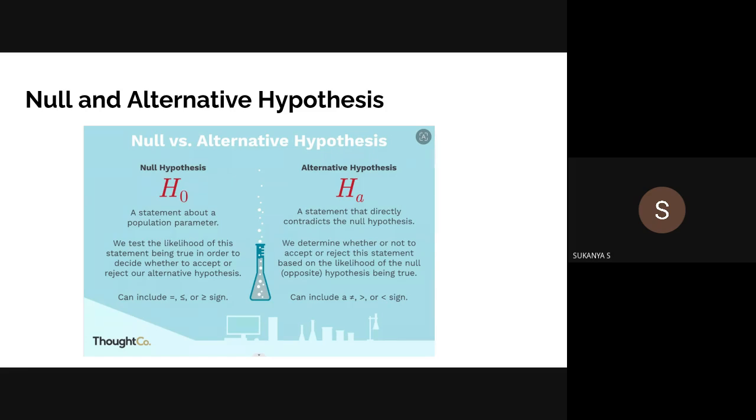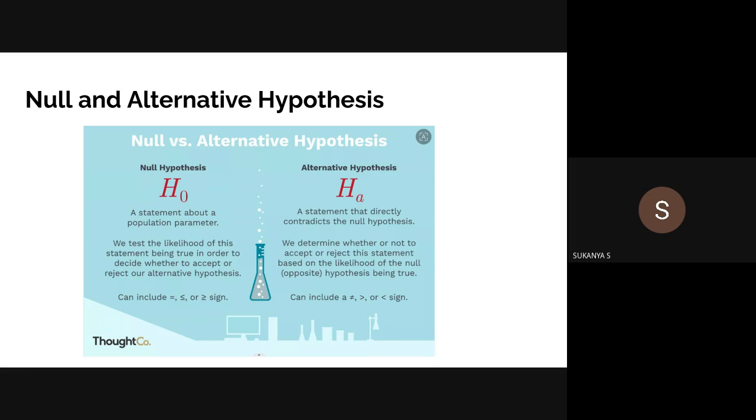But basically, you are simply testing if your null hypothesis, that is your claim, is fair enough, that is, true enough or not. That is all you're checking. So you either reject your null hypothesis, saying that it's not a favorable claim and it's not advisable to go ahead with it, or, according to the data given to us and the test we have performed, we don't have enough evidence to reject this null hypothesis.